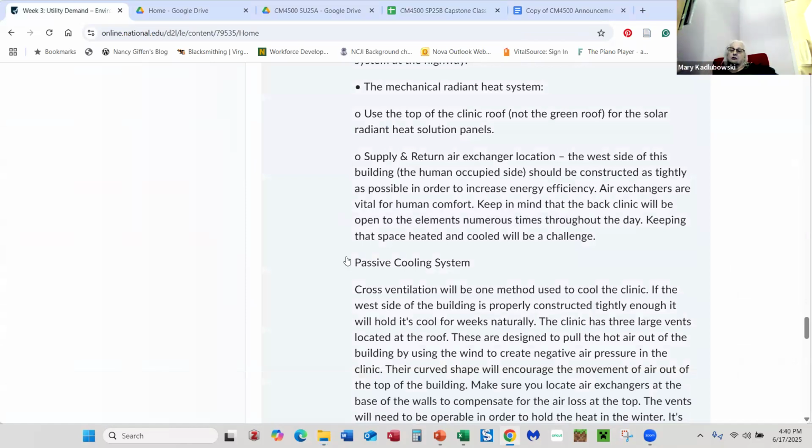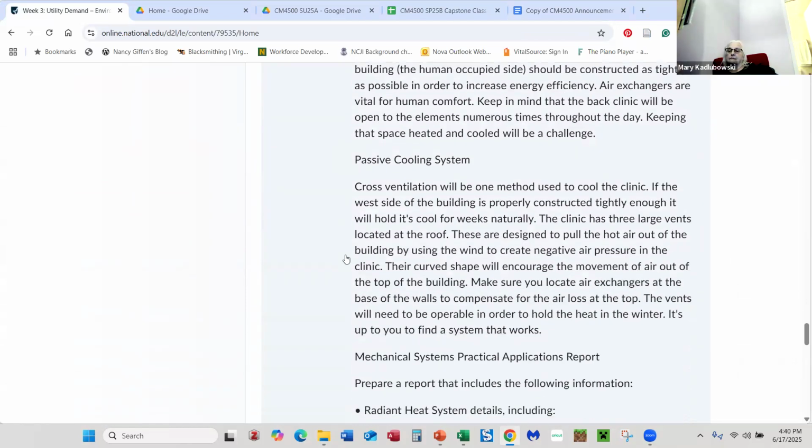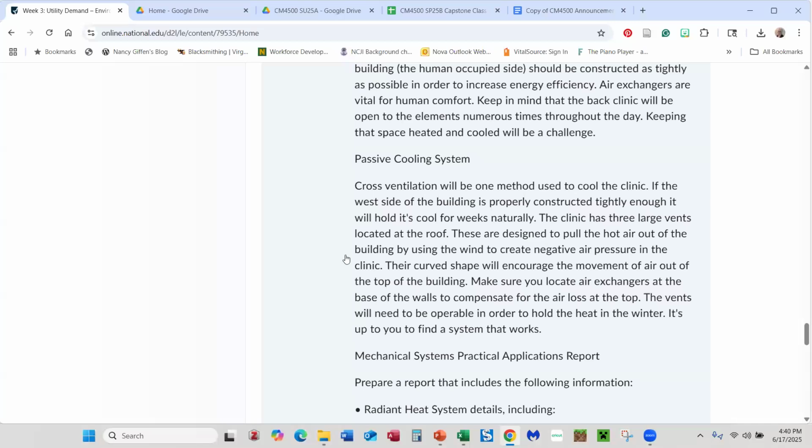Supply and return exchanger, that's conditioning, just typical HVAC stuff. You've got a trombe wall on, I think, the south side of the building, which is up, which feels really weird to me. I can't get used to that.